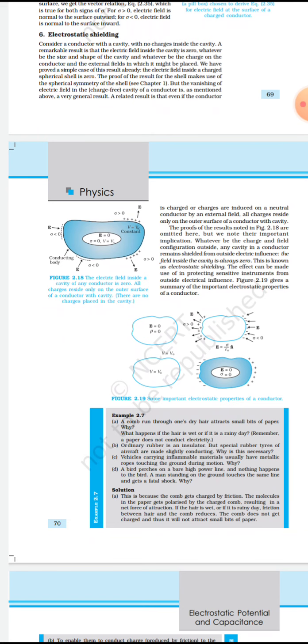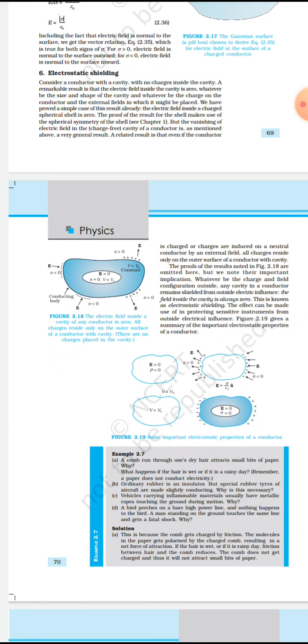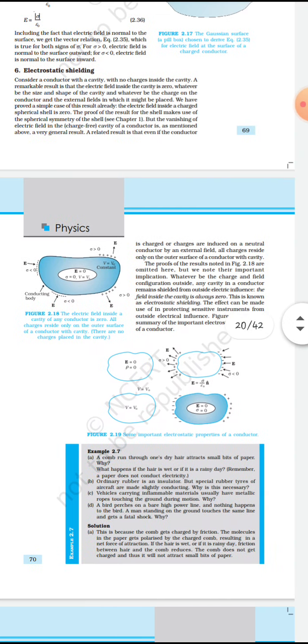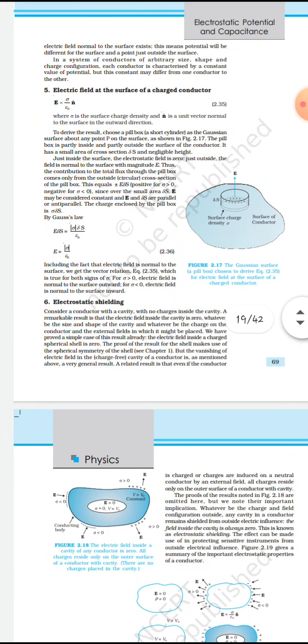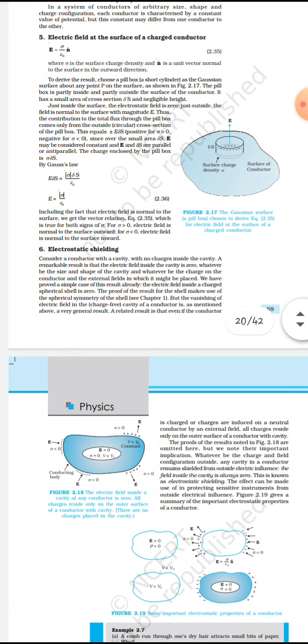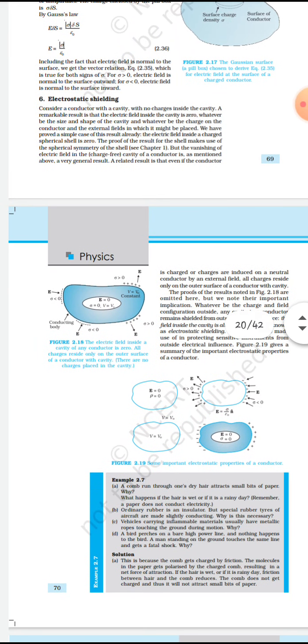Here you see a conducting body with an electrostatic field outside, positive and negative charges. Here sigma is equal to 0 inside, and sigma is greater than 0 on the outer surface.